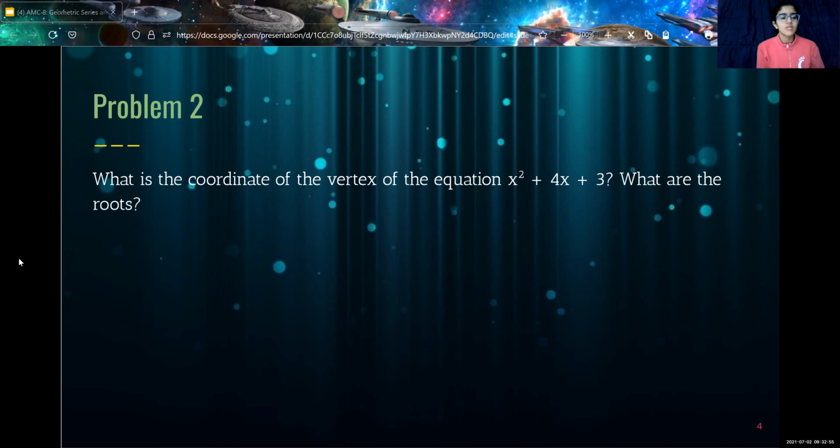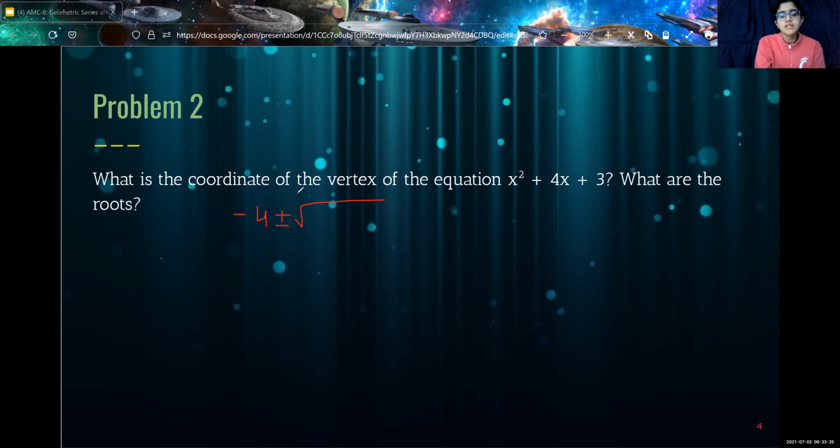Okay, let me explain. The way for you to find the roots of the equation is to use the quadratic formula, right? So you do negative b, which is negative 4, plus or minus the radical of b squared minus 4ac.